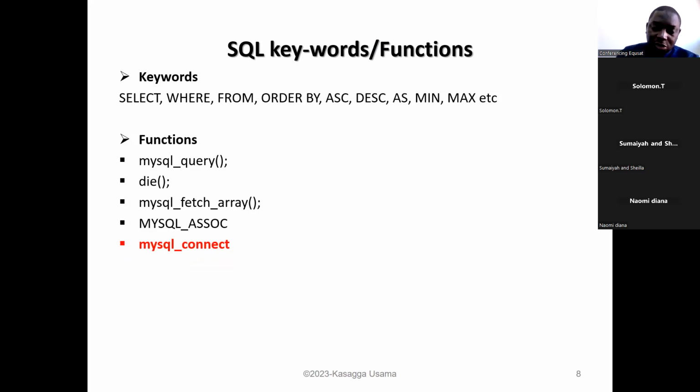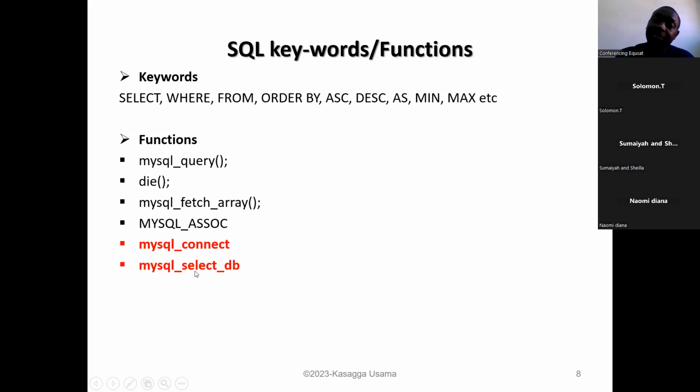Then we have MySQL connect, which will help us to connect between our pages and the databases. When you are making the configuration between the pages, that means with a dynamic website, you'll need to learn how to use MySQL query.